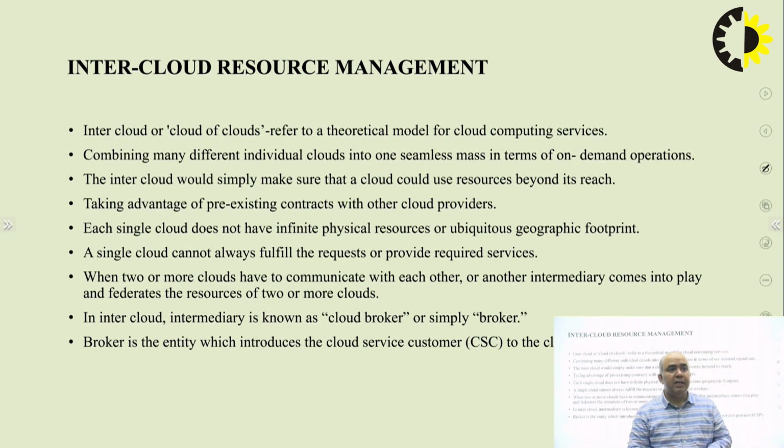So each single cloud does not have infinite physical resources, and there are also geographical footprints. It's not necessary that company X has a footprint across different geographical locations. They can provide the services by using different cloud service providers.